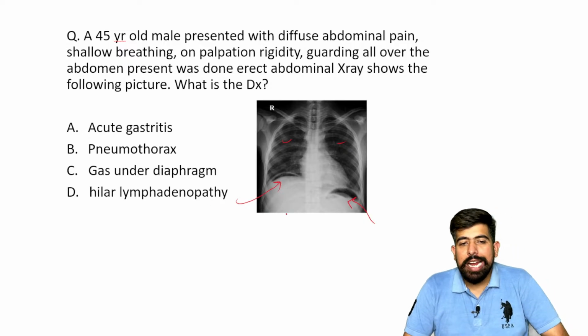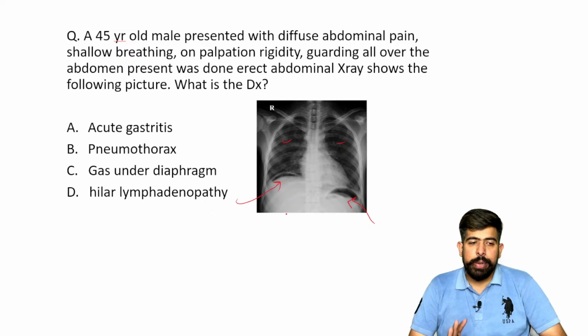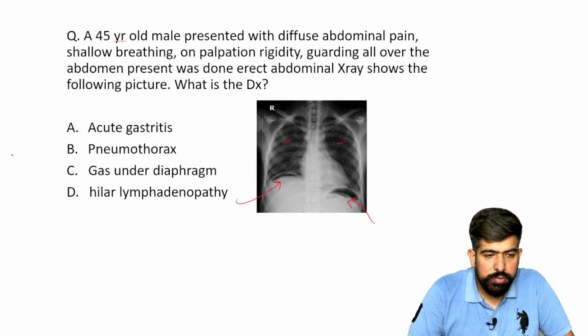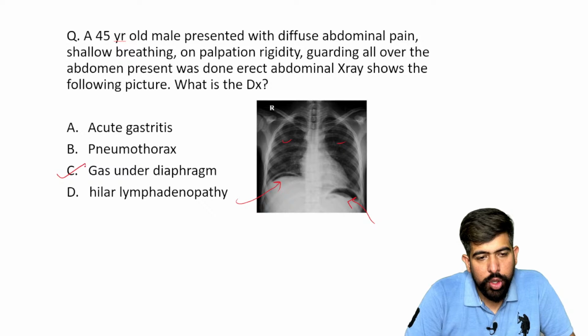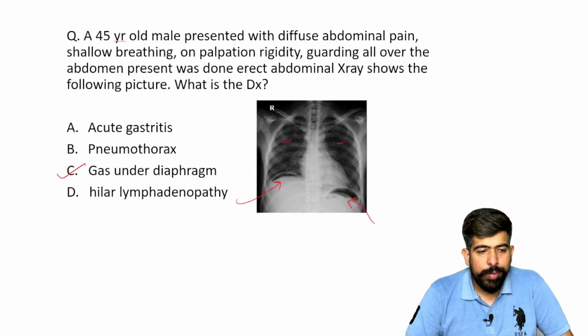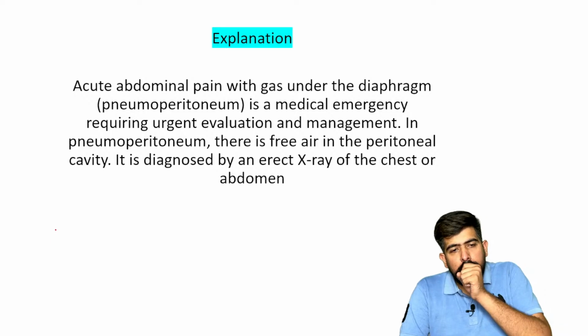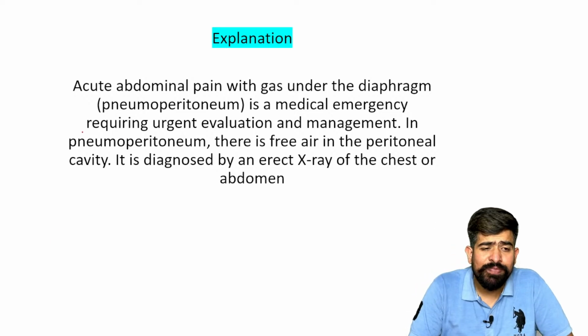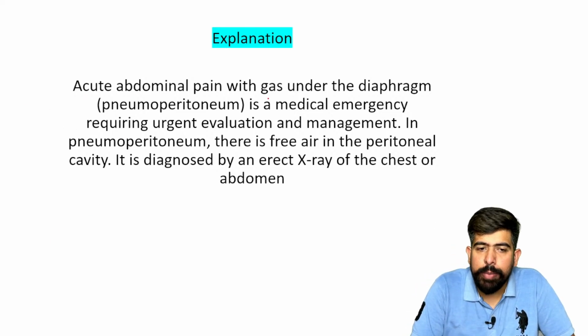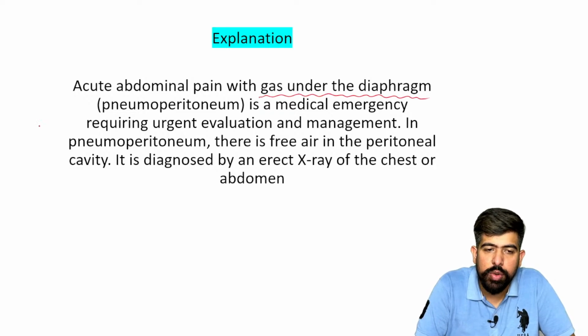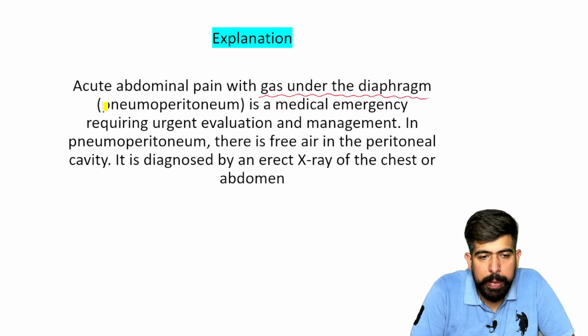So what is the diagnosis in this image? There is gas under the diaphragm. Please understand how it is possible. The acute abdominal pain with gas under the diaphragm is known as pneumoperitoneum.